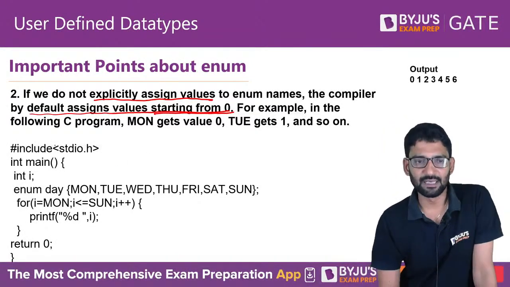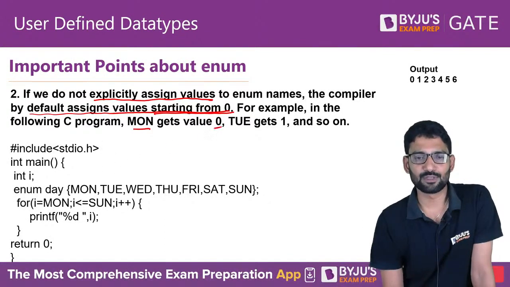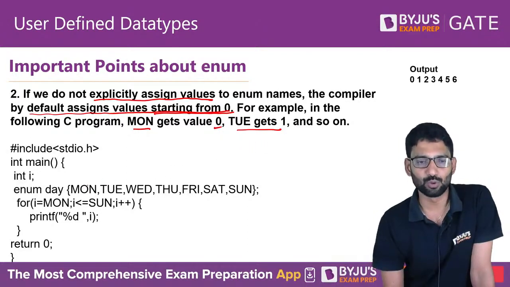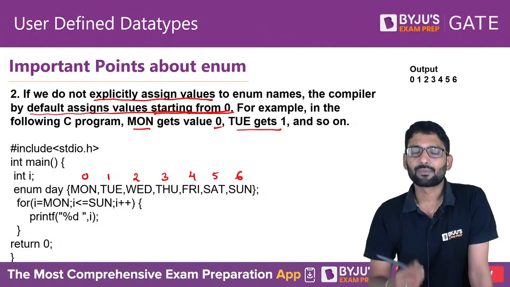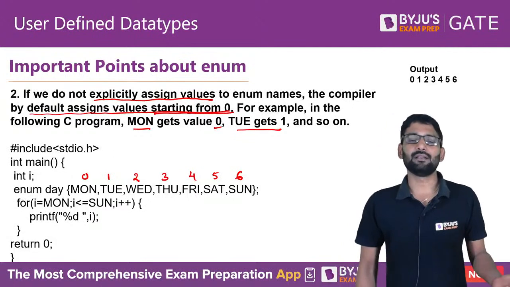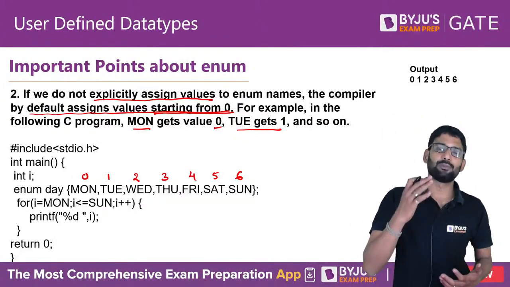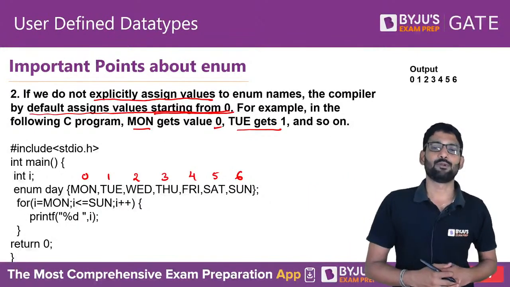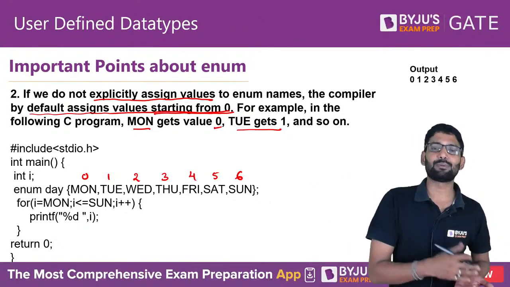For example, in the following C program, MON gets the value 0, TUE gets 1, WED gets 2 and so on. As I have not given any value, by default it assigns the first name the value 0 and automatically the other values will be assigned. How? Previous name value plus 1.